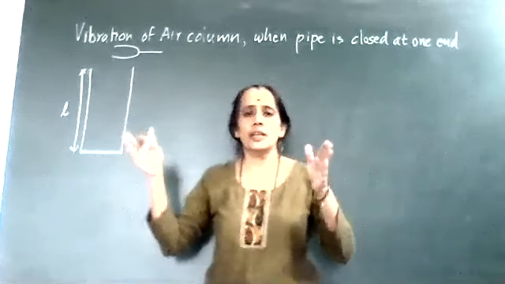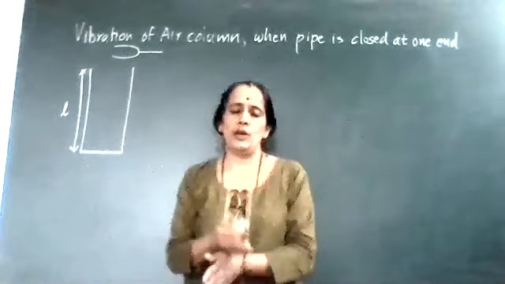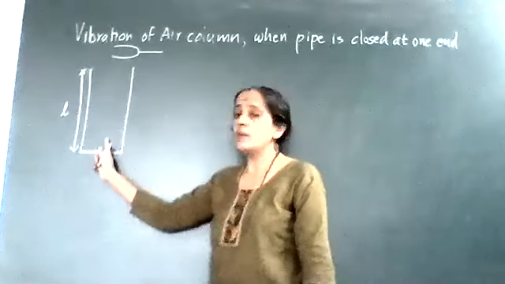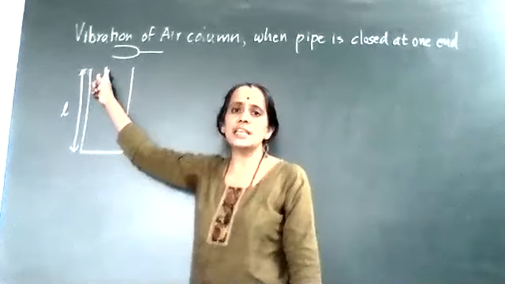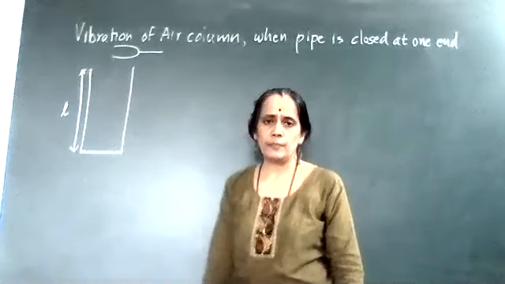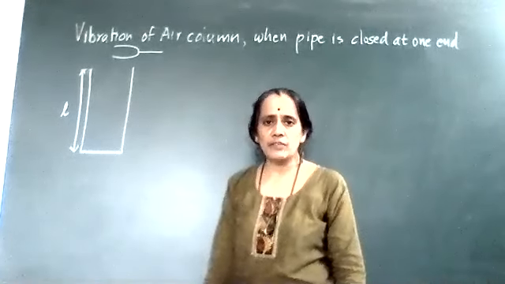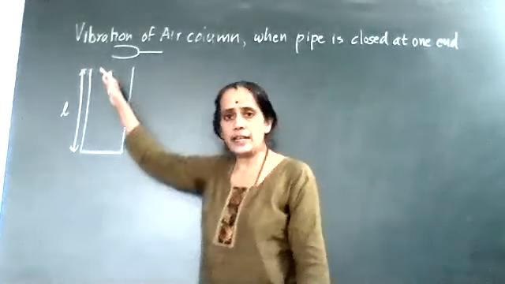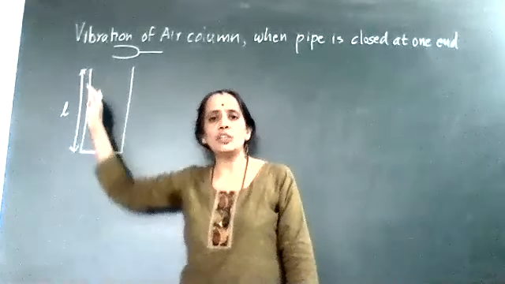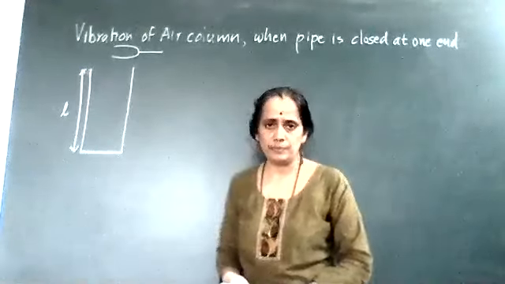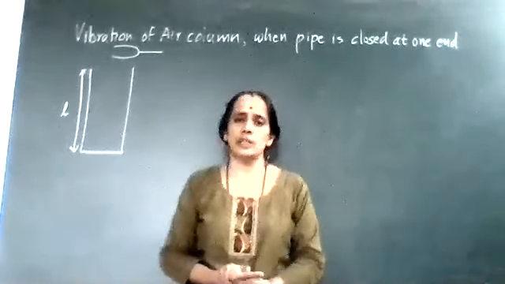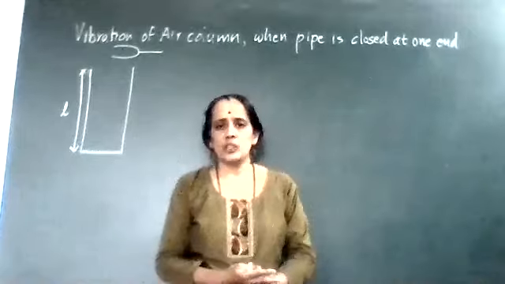And when such incident wave and reflected wave get superimposed on each other, there will be a formation of stationary waves inside the air column. And when that stationary wave is formed inside this air column, there will be a formation of nodes and antinodes. Because in the property of stationary waves we have already seen, stationary wave means what?